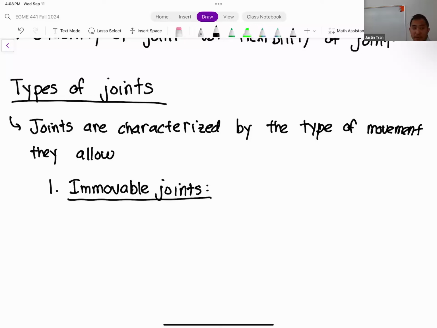And just like their name implies, these joints allow basically no movement between the articulating bones.